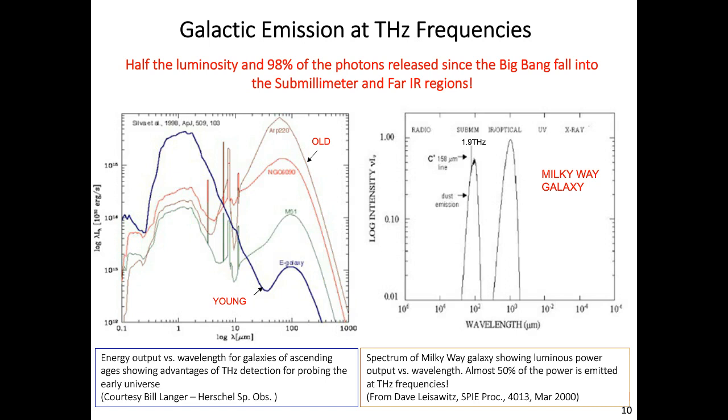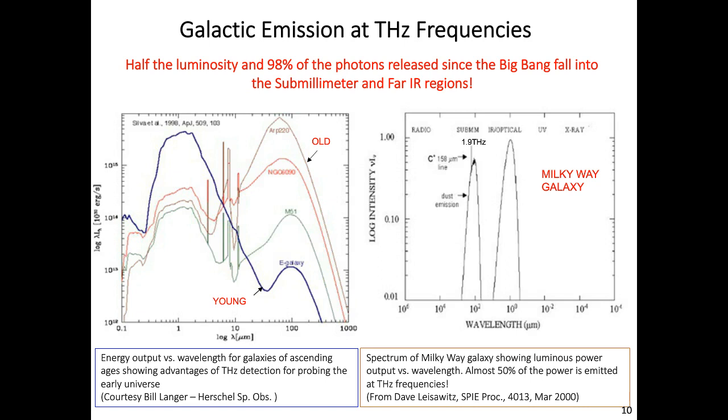But what you may not realize is that if you go out into the infrared and you go out to 100 microns or so, almost 50% of the luminosity from our own Milky Way galaxy occurs in this terahertz regime, dominated by this carbon plus line at 1.9 terahertz. And so that translates into about 98% of the photons being released in this far infrared region.